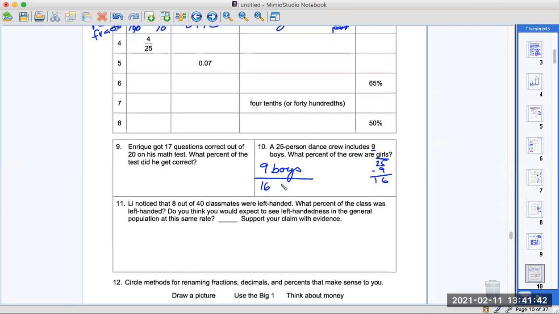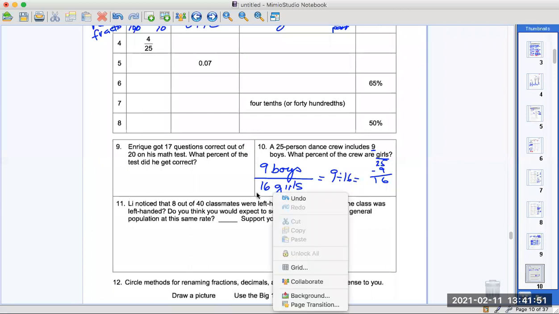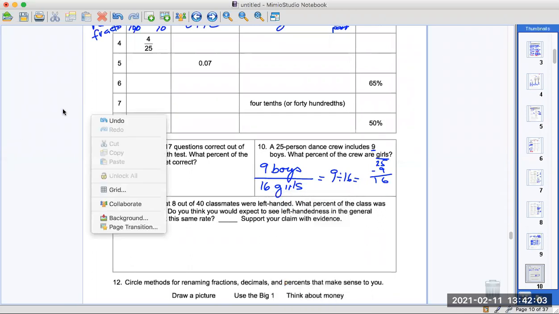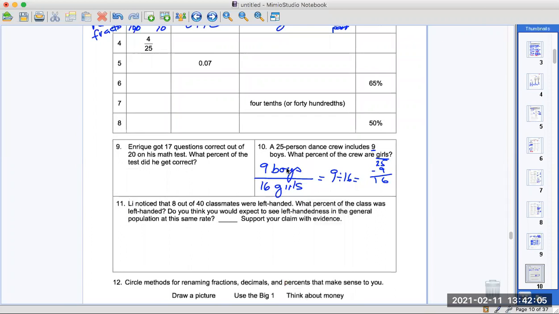So 9 out of 16. So use your calculator and divide. 9 divided by 16. What percent of the crew are girls?